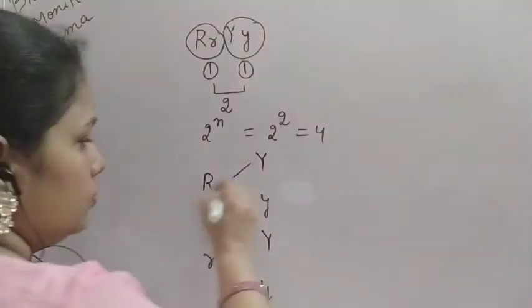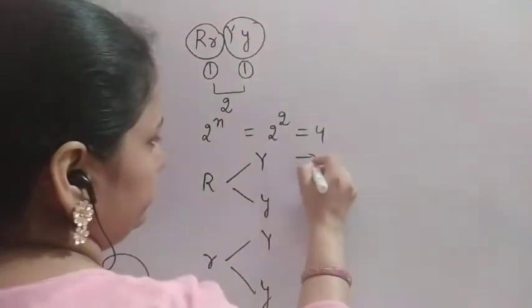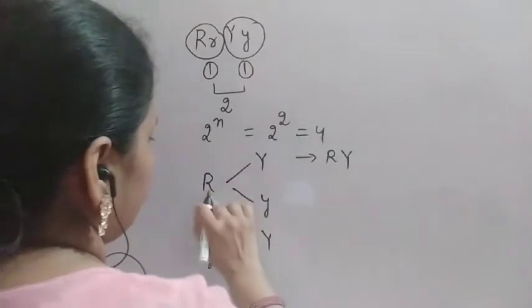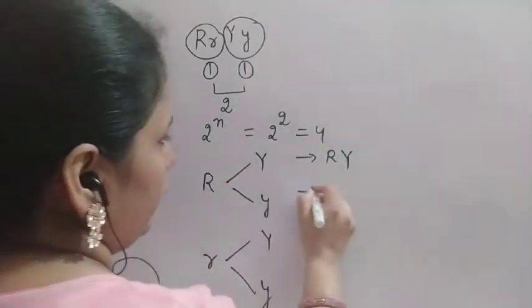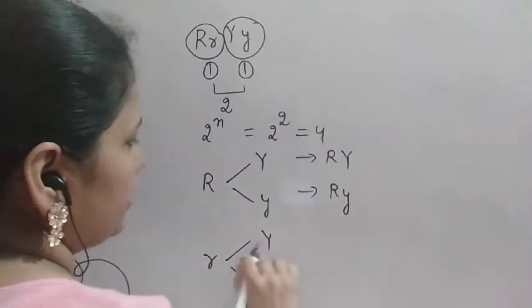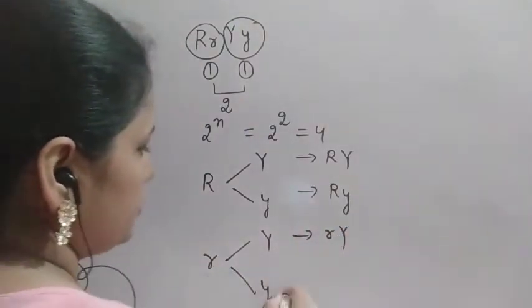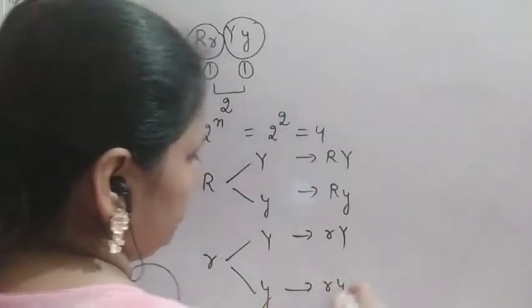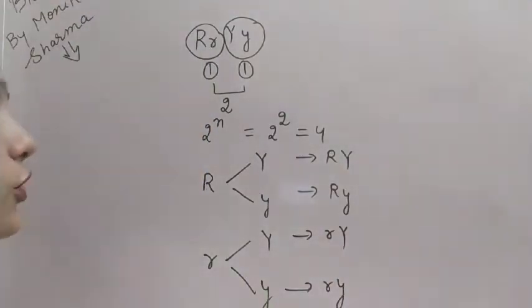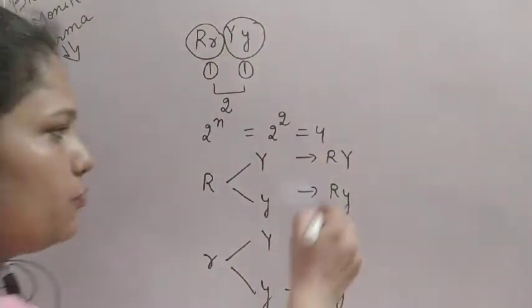Now you can make the gametes: capital R, capital Y; capital R, small y; small r, capital Y; and small r, small y. So that is the easiest way to make the gametes. By this method you can make the gametes.